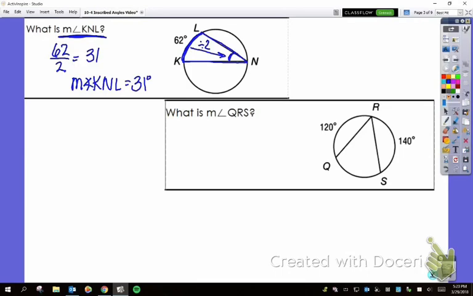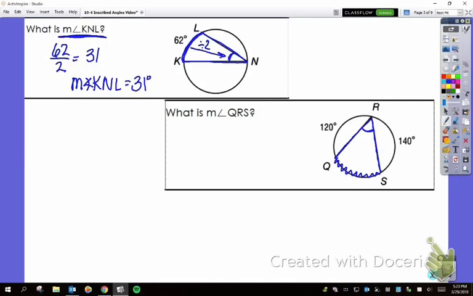The second one is a little bit different, because they want us to find the measure of angle QRS, which would be this angle. To get that angle, we don't know the arc that goes with it, QS, but we do know the other two arcs.